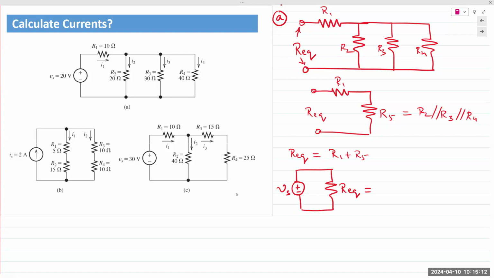What is Req? Calculator's out, and you tell me. What's the parallel combination of 20, 30, and 40? What do we get?